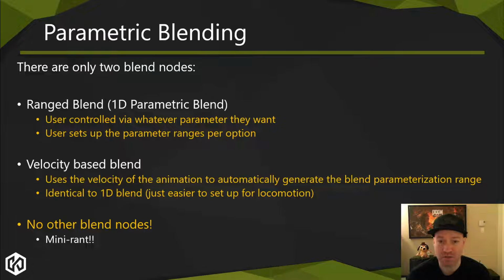Now, I've worked in some animation systems where you say blend and you have a list of like 30 blend nodes, because every time somebody needed something explicit, some programmer went in and hard coded a bunch of stuff in a blend node, which could have just been done using a very basic set of tools.